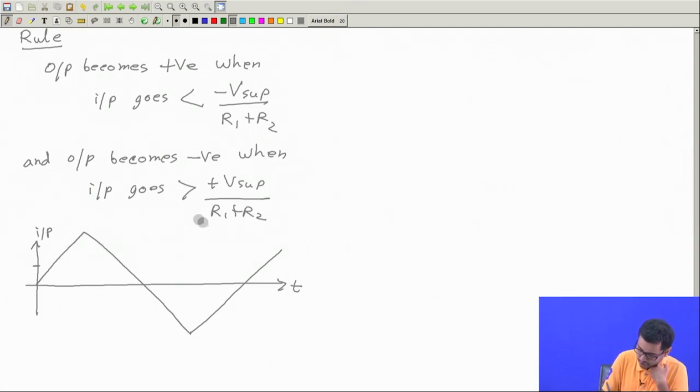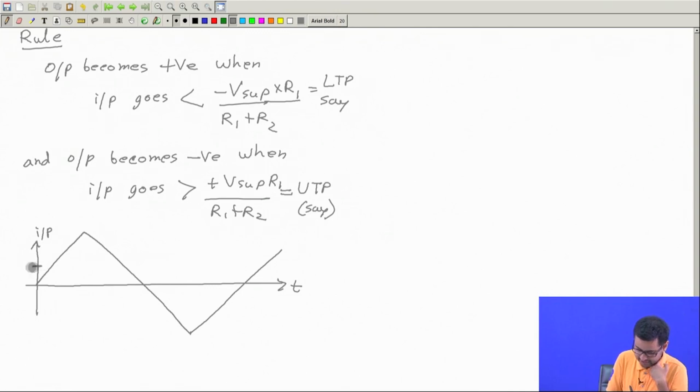Let me call this value the upper trigger point, UTP, and let me call this value negative V supply times R 1 by R 1 plus R 2, LTP.